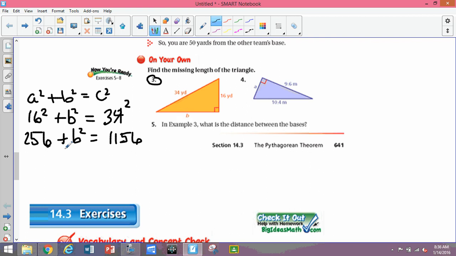Okay? Now you need to get that variable alone, just like we were doing before in algebra in solving equations. You need to get that variable alone. So you're going to add a negative 256 to both sides.